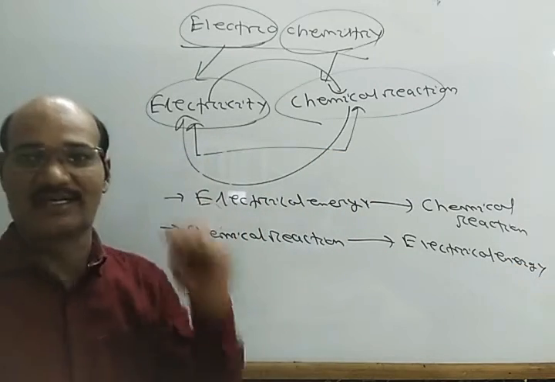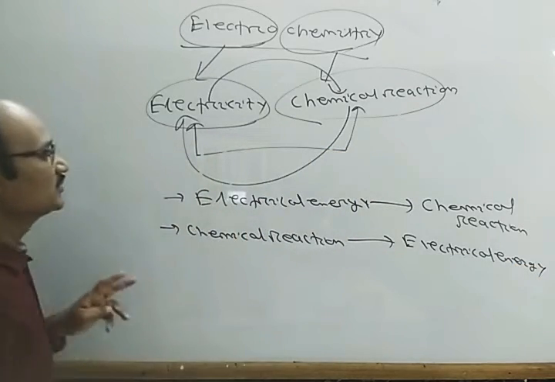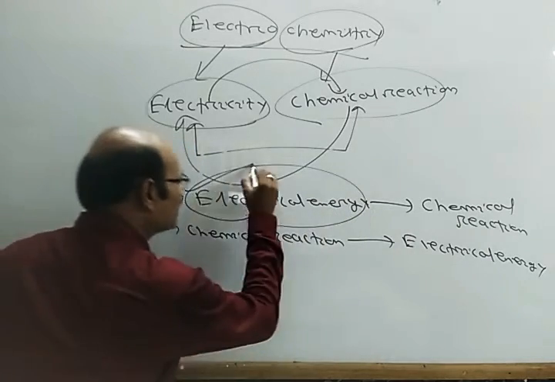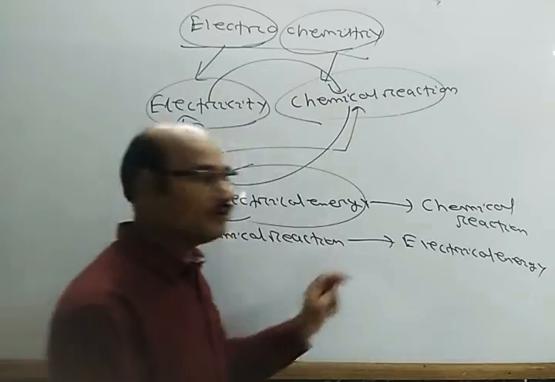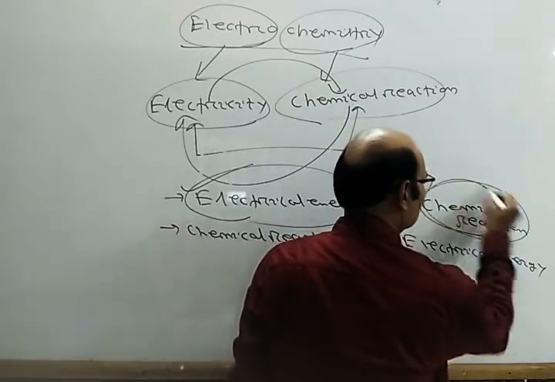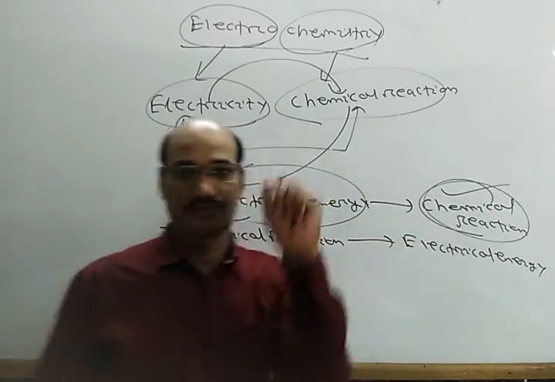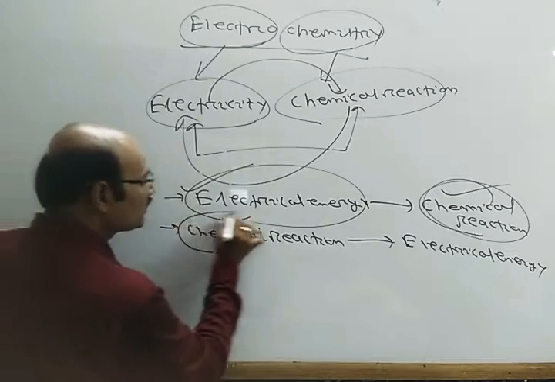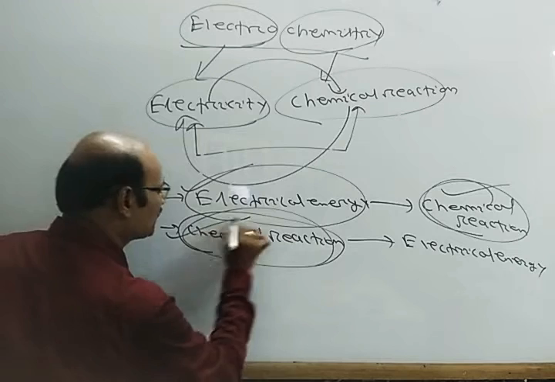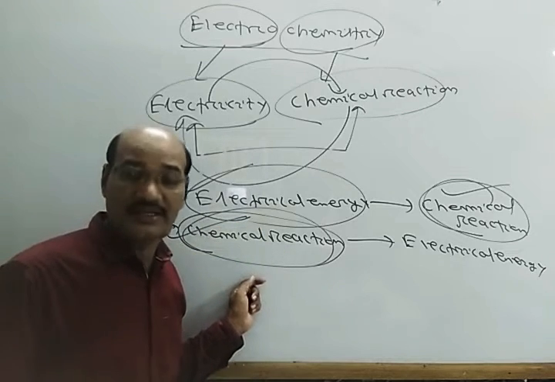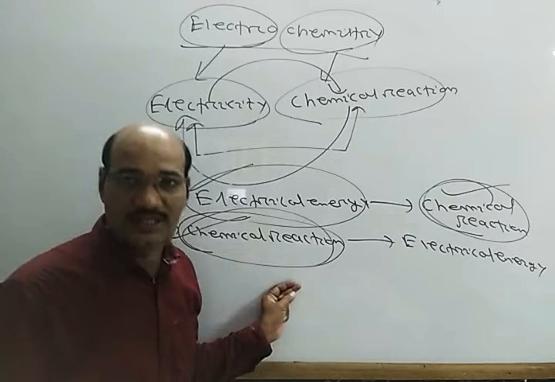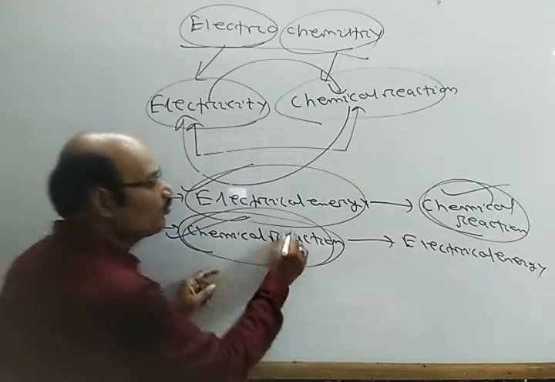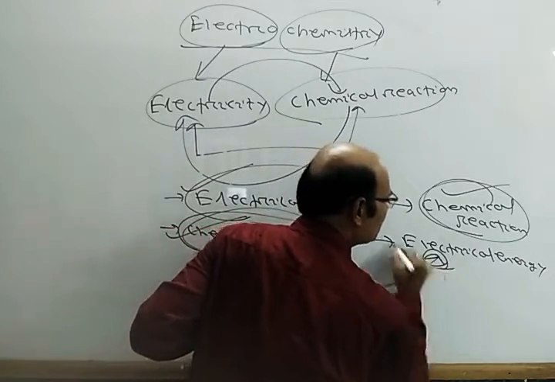So two processes are there. In one process, we are applying electrical energy or electric current and carrying out different chemical reactions. In the other, we are carrying out different kinds of chemical reactions, basically called redox reactions, and as a result we are producing electrical energy.